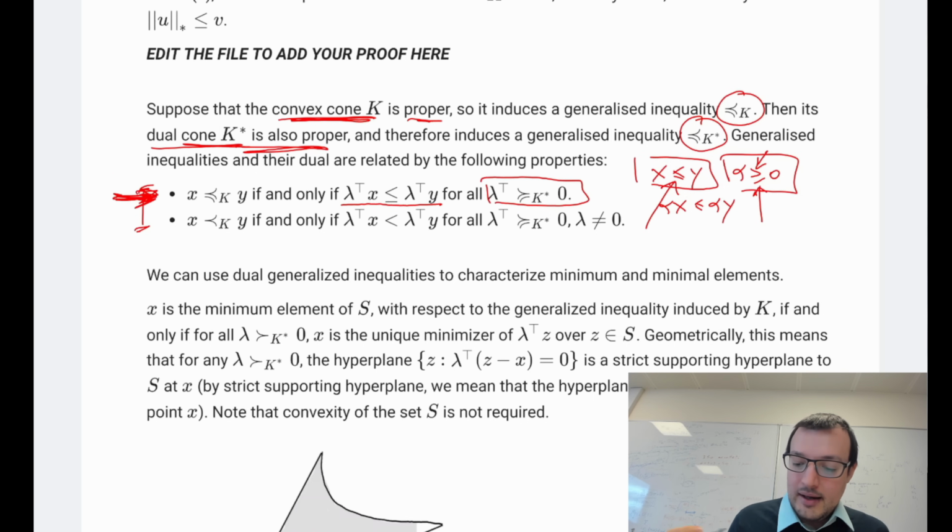But more in general, the thing to notice is that if you want to have this kind of property, then the lambda vector has to be non-negative with respect to the dual cone K star.